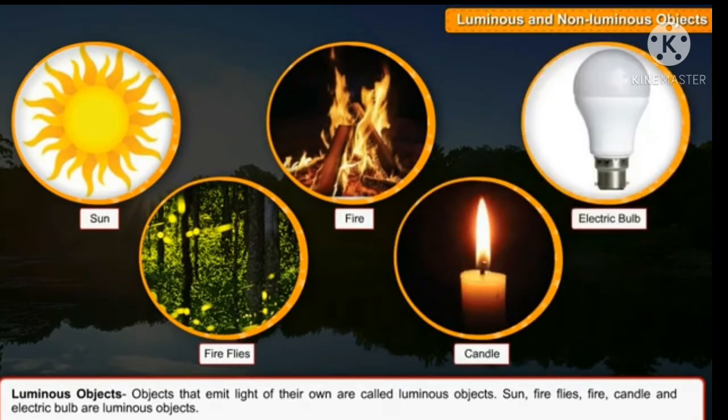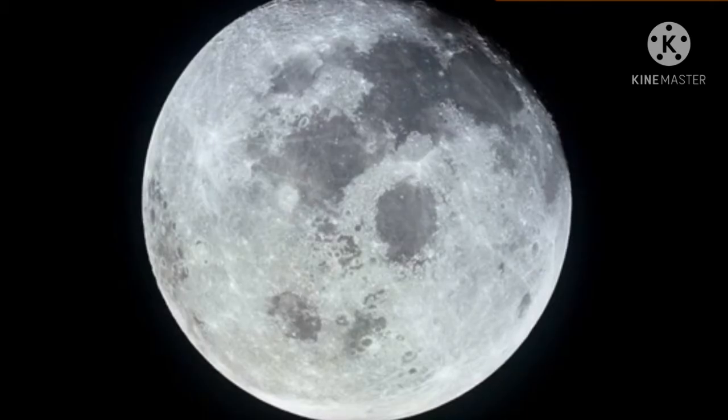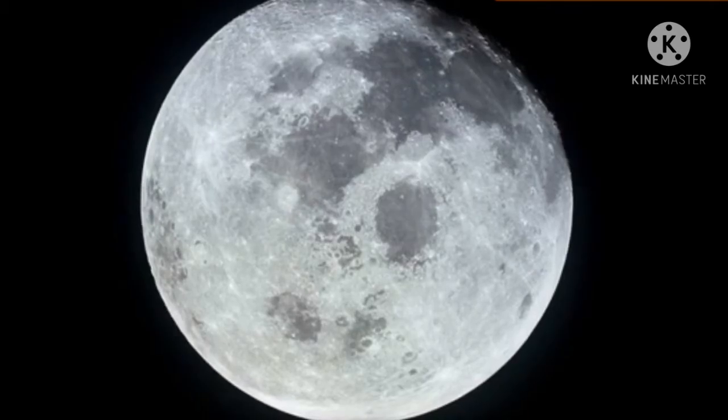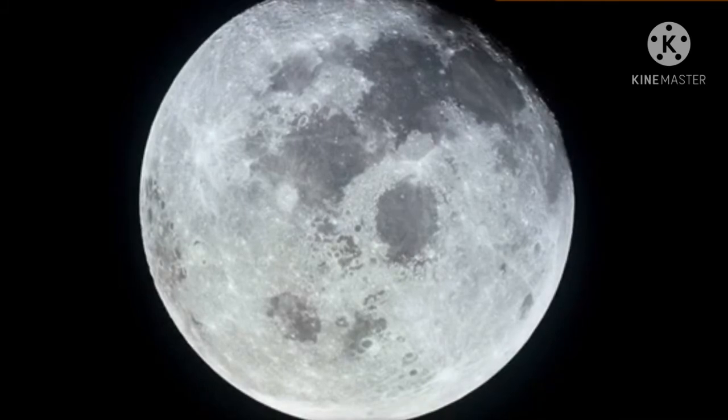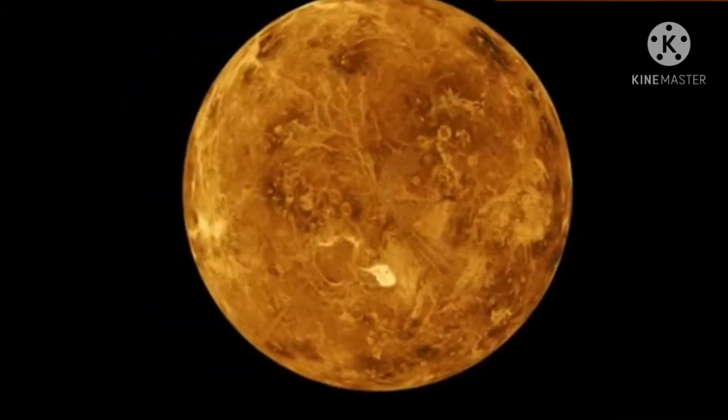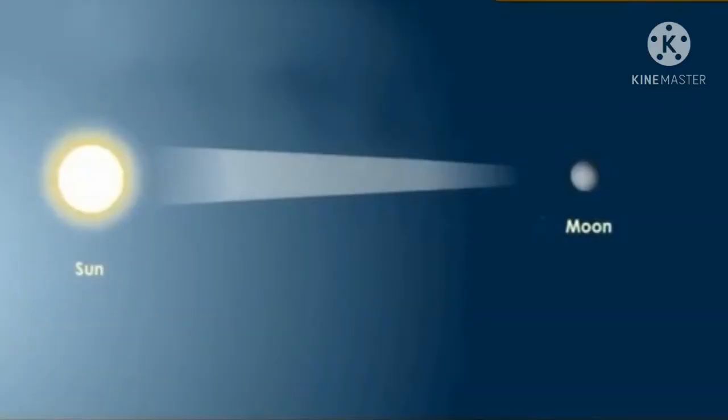The light given out or emitted by luminous objects falls on non-luminous objects and it is then reflected to our eyes. The moon is an example of a non-luminous object, but it shines because it reflects the sunlight that falls on it.